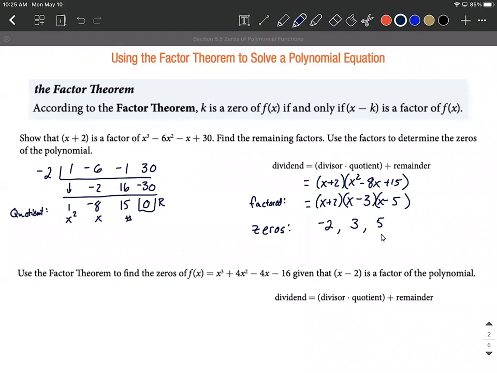All right, let's work through one more of these in this video. We'll use this factor theorem to find all the zeros of f of x equals x cubed plus 4x squared minus 4x minus 16, given that x minus 2 is a factor of this polynomial. So they push us in the right direction here by saying, why don't you use x minus 2?